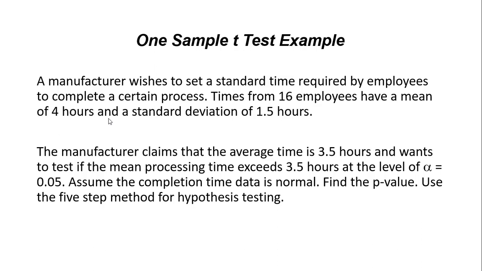And suppose the manufacturer claims that the average time is 3.5 hours and wants to test if the mean processing time exceeds 3.5 hours at the level of alpha equals 0.05. We'll assume the completion time data is normal. We'll run our one sample hypothesis test, find the p-value, and use the five-step method.